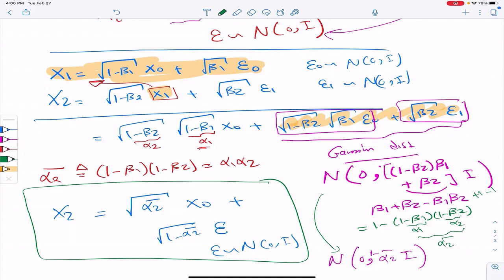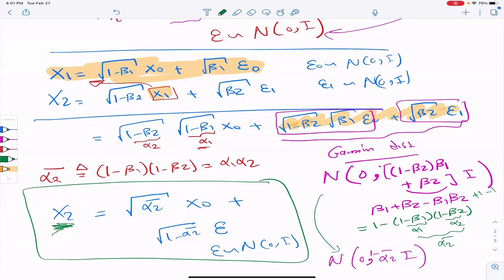So basically, the whole point is that I can get the distribution at any time, let's say x2, without really going through the middle distributions. I don't have to add noise to x0, get x1, and then x2, right? Because the noise distributions that I'm adding are pretty nice.